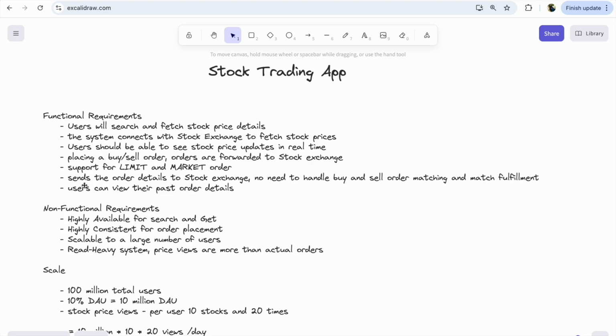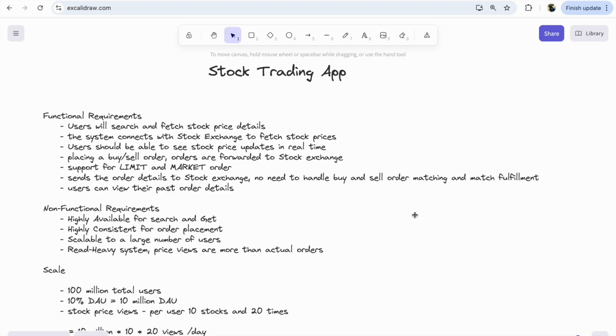Next, sends the order details to the stock exchange. No need to handle buy and sell order matching and match fulfillment. If we have seen the stock exchange system design, there we have seen we have to match the buy order and sell order. The stock exchange system picks one buy order and one sell order and tries to match them.